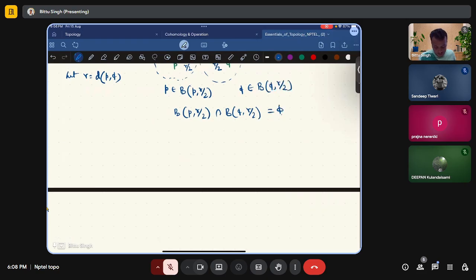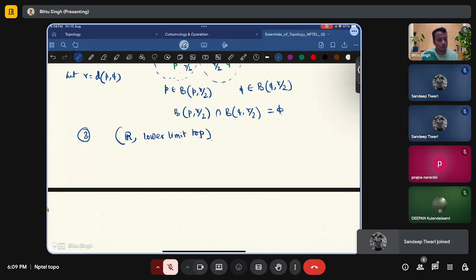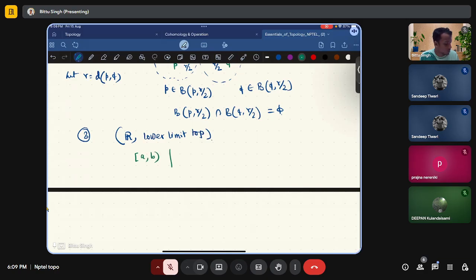Now let us see another example. We are familiar with lower limit topology or upper limit topology. So consider R with the lower limit topology. Here the open sets are given by [a, b) such that a less than b, a and b belonging to the real numbers.